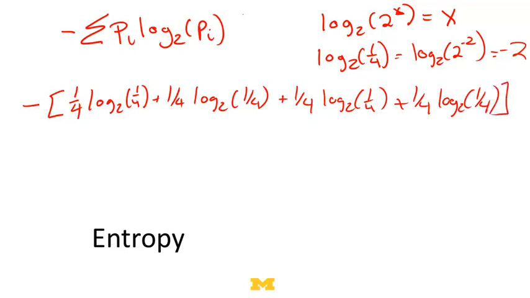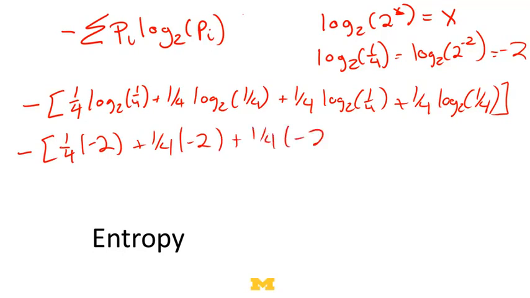If you haven't done logs before, don't worry about it. I just want you to get a sense of the idea behind what entropy measures. So I'm going to explain conceptually what this is after we finish this calculation. So we're going to get minus 1/4 times minus 2, plus 1/4 times minus 2, plus 1/4 times minus 2, plus 1/4 times minus 2, right?